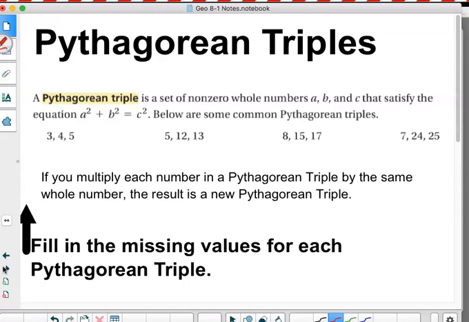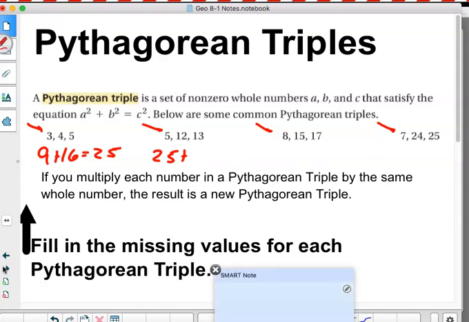Keeping in mind, these are examples of Pythagorean triples. 9 plus 16 equals 25, remember, I'm squaring them. 25 plus 144 is equal to 169. 64 plus 225 is going to be 289, and that's 17 squared.